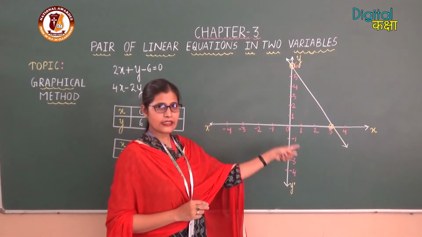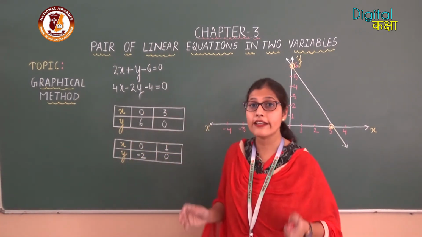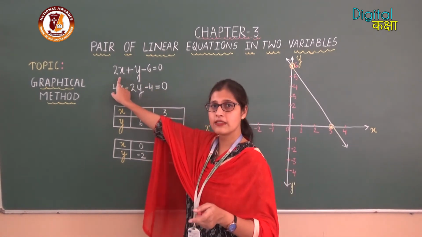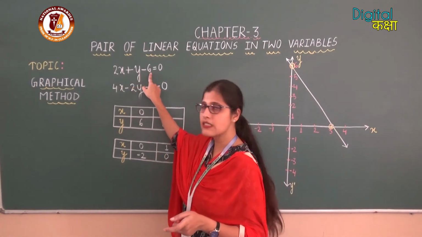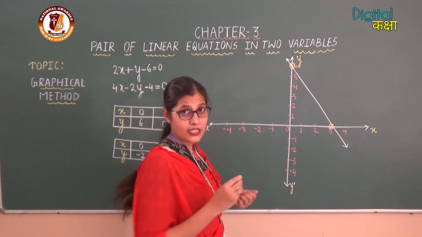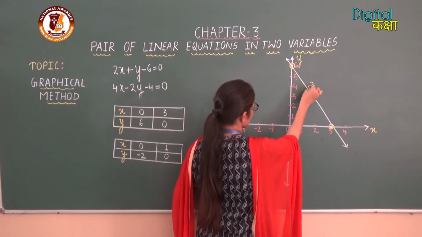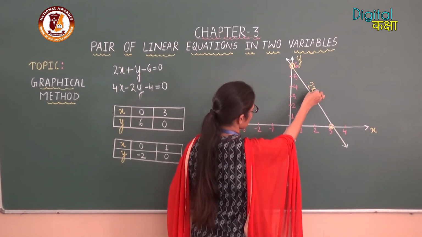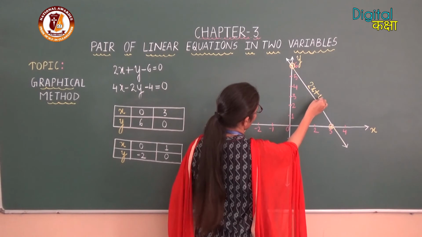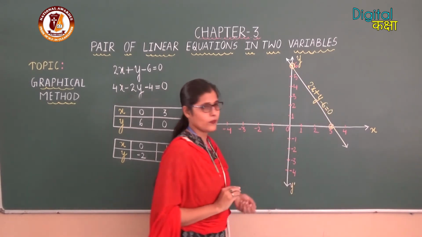This will be joined in a straight line because it represents the linear equation 2x plus y minus 6 equals 0. So for better understanding, you can mention the equation over there: 2x plus y minus 6 equals 0.